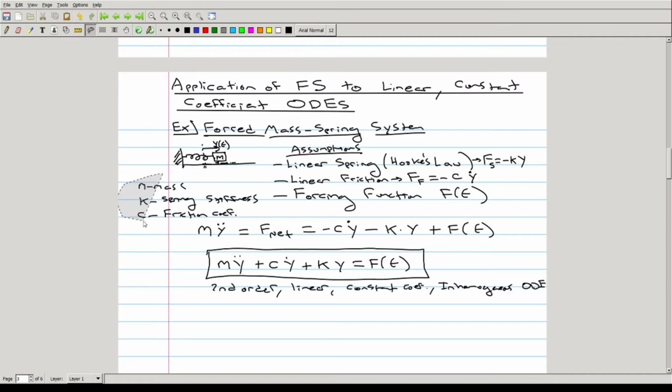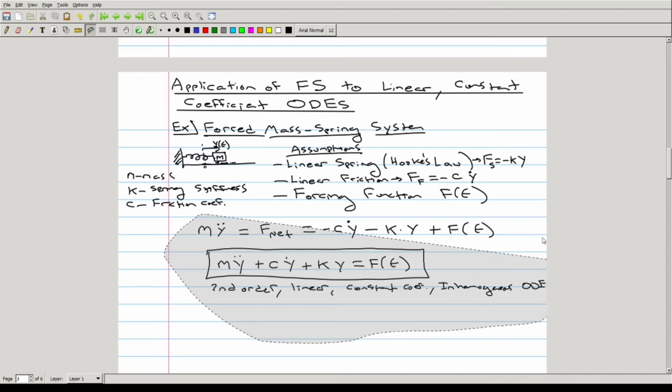And we're going to analyze these in general a little bit later on using Fourier series.